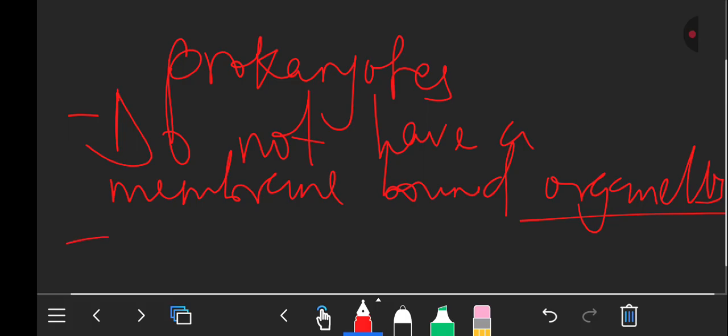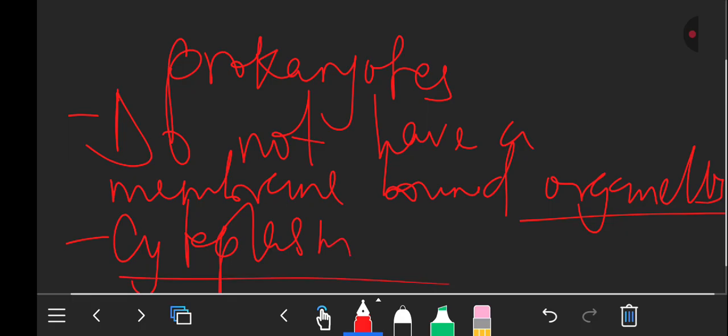So the other thing you need to understand is that these prokaryotic cells, they are found in the cytoplasm. Okay? They are found in the cytoplasm because the prokaryotes do not have a true nucleus. Now let's understand something.